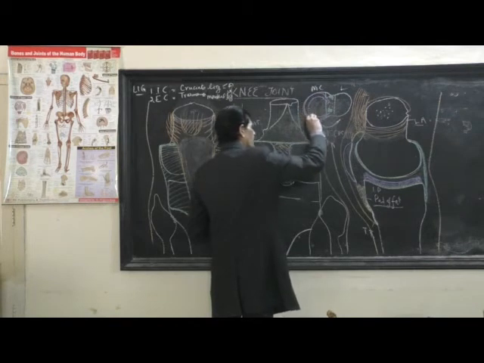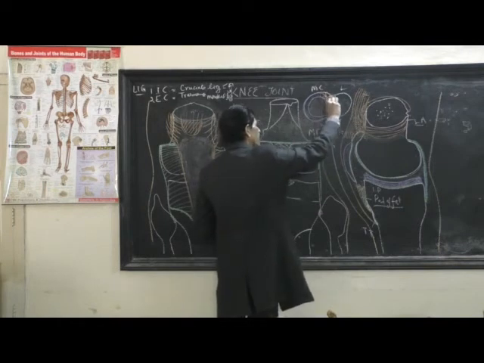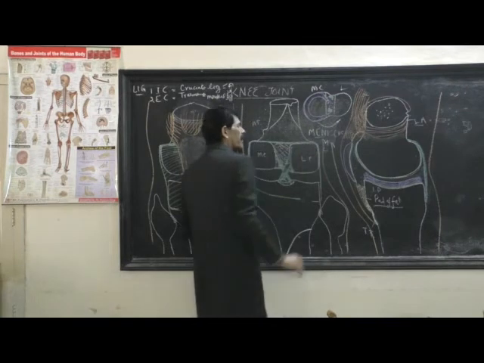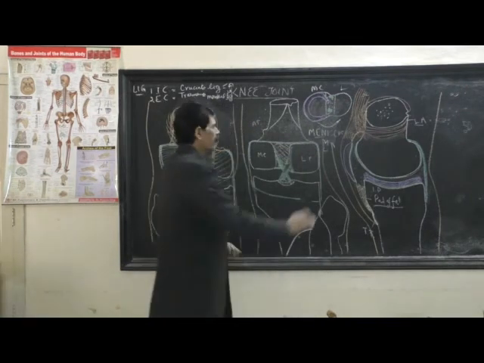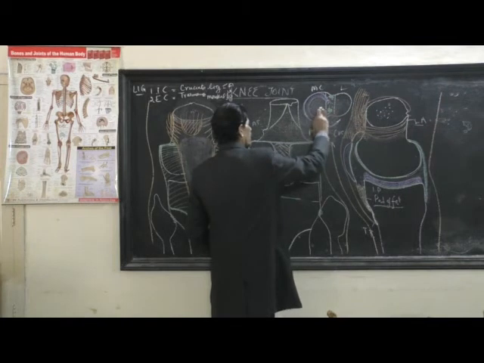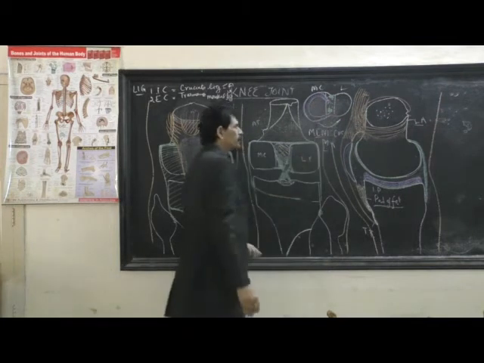The horns are attached to the intercondylar area. The superior surface is smooth, as is the articular cartilage of the superior surface of the tibia.